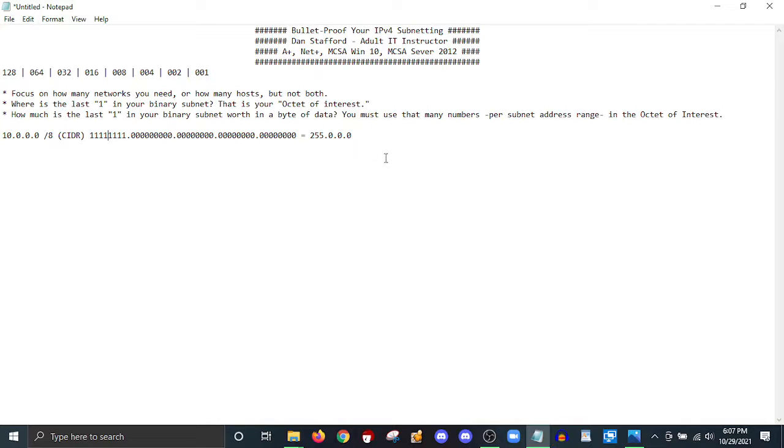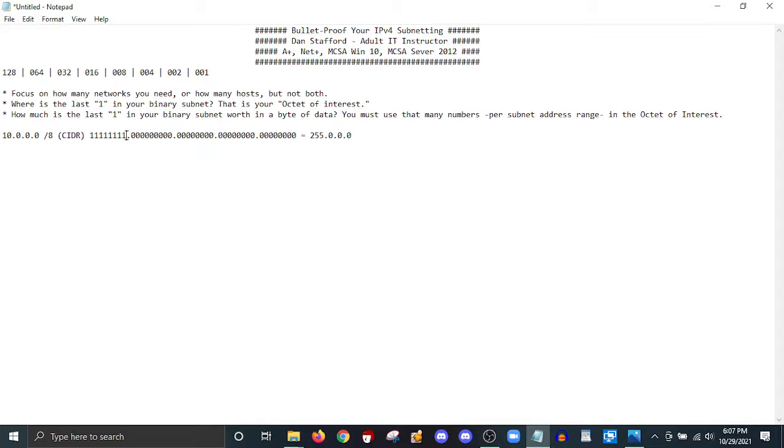What the subnet mask does is it tells all the equipment on the network, hey, when I look at an IP address, if the subnet mask has a 1 in that position, then that bit in any IP address going around on my network is part of the network part of the address. That's the network portion of the address.